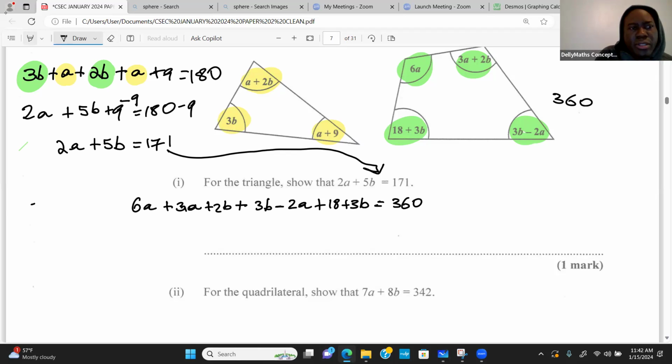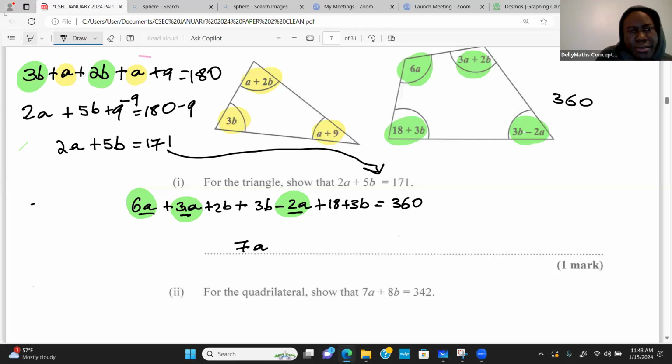This is 360. Let's put together the terms that are alike. For the a's, this is 9a minus 2a, which is going to give me 7a.